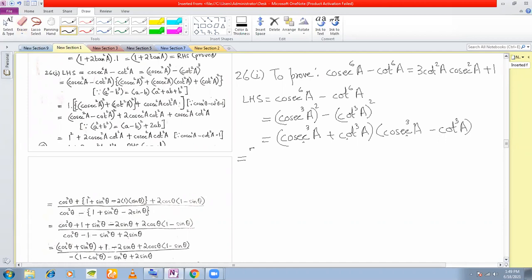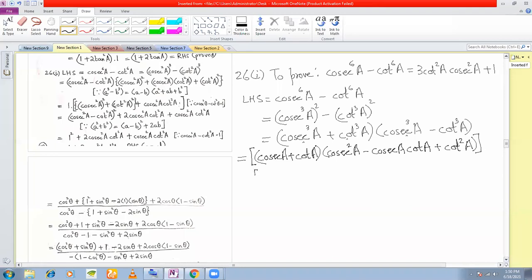So for the first one, cosec cube plus cot cube, a cube plus b cube, we have a plus b into a square minus ab plus b square, right?